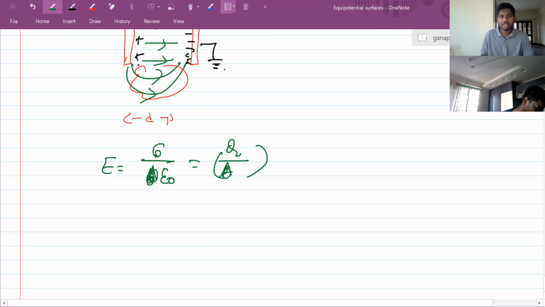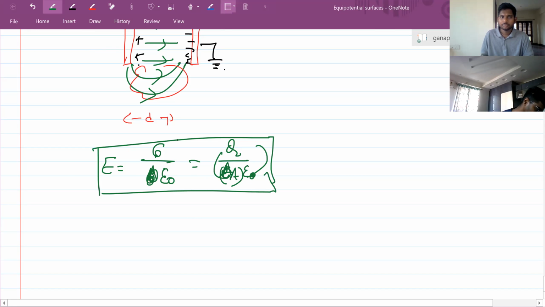So then can we write sigma as Q by A? Electric field between them, between the two conductors. Electric field is what? Sigma by epsilon naught is equal to Q by A epsilon naught.